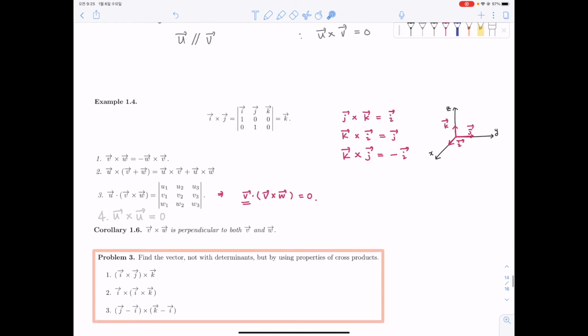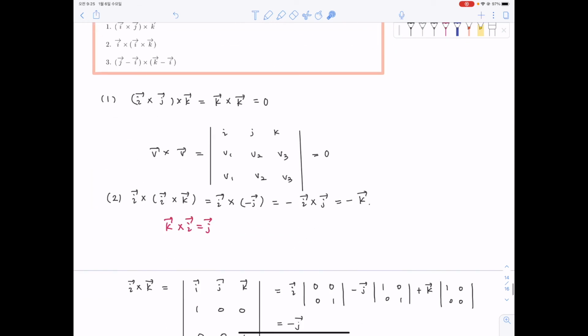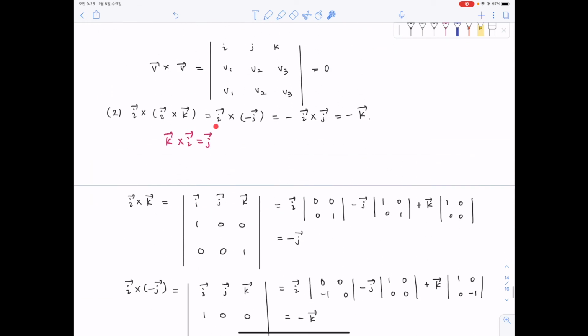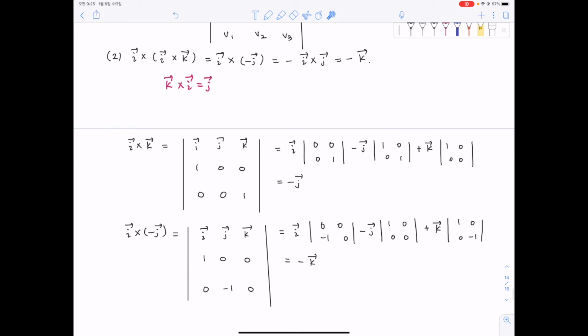Also, one thing that you can see, maybe you are wondering how we put minus like this. In this calculation, you can see that if this vector has a minus sign here, then it'll be minus v1, minus v2, minus v3.